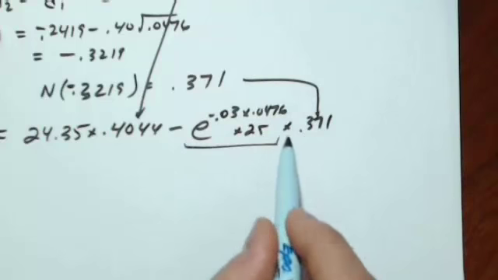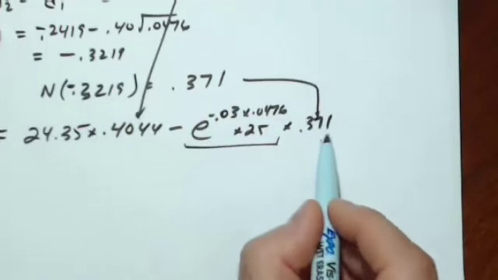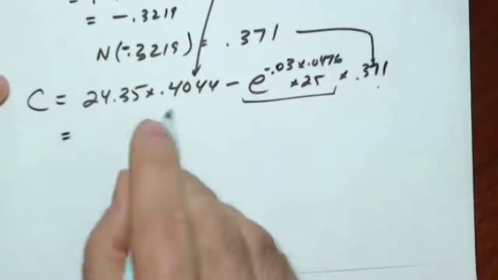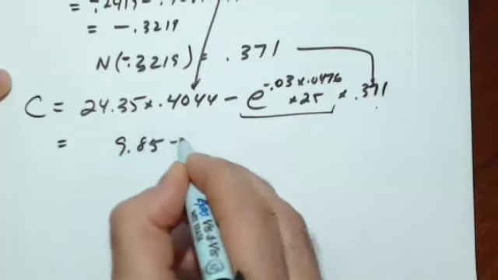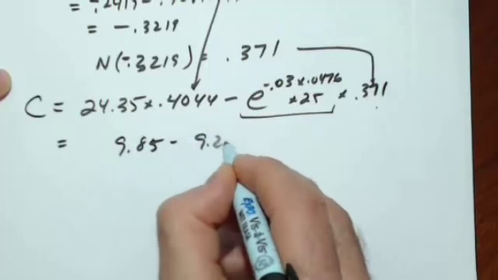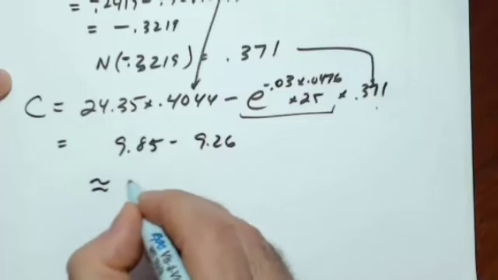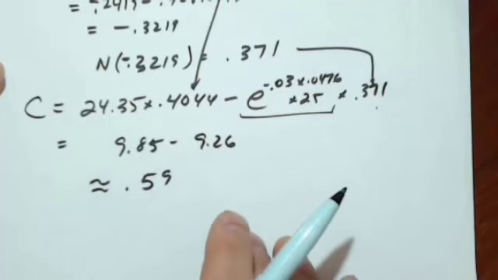This is the present value of the strike, and here's ND of 2. So we compute this to be 9.85 minus 9.26, which is about 59 cents.